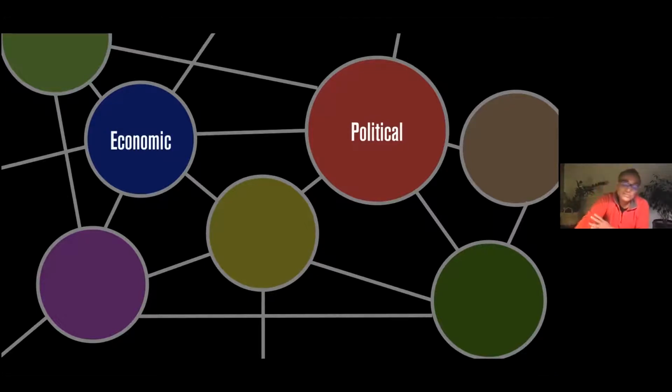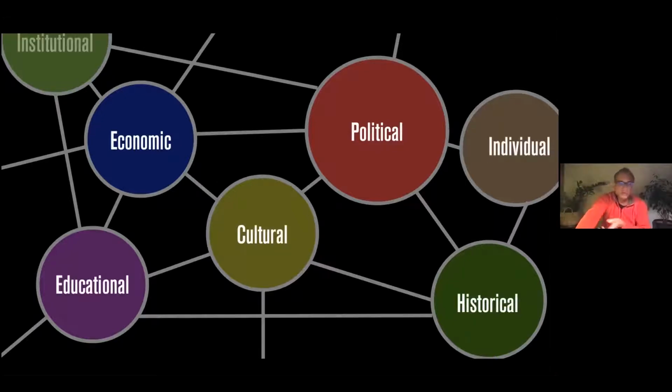There are economic problems where in some cases it might be expensive to focus on environmentally friendly technologies and solutions. There could be issues of education, there could be cultural issues, individual issues, institutional issues. So there are tons of reasons why we are in the situation that we're in today, which is we have been using resources very rapidly, and we are generating tons of waste.